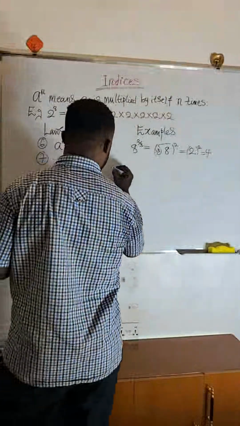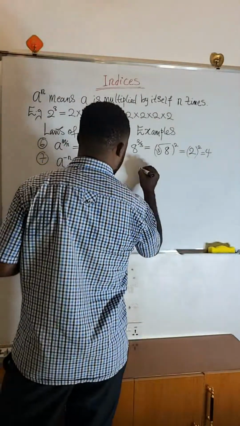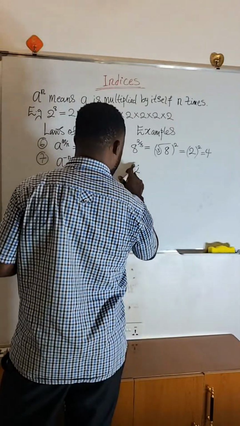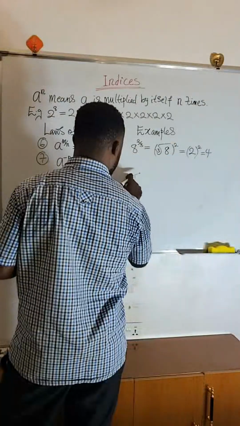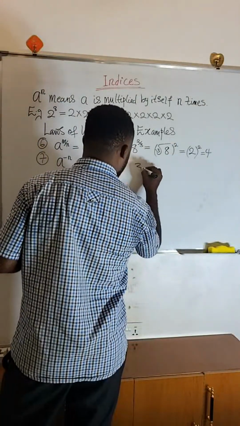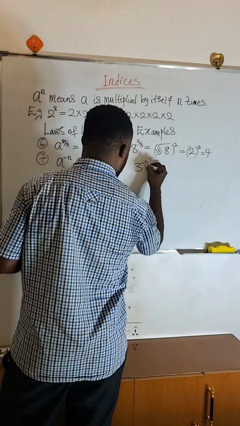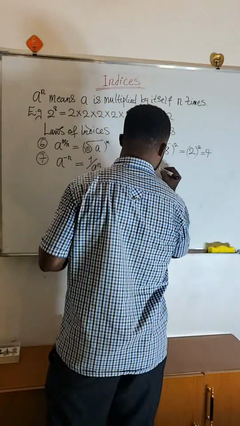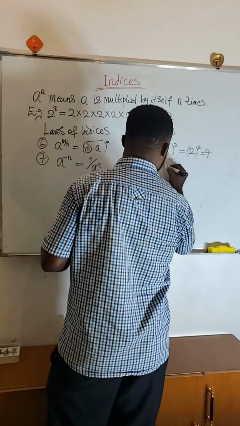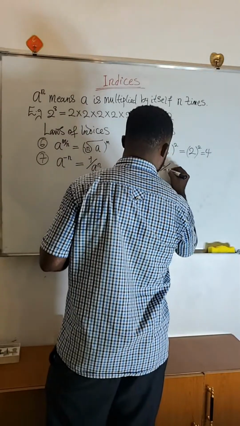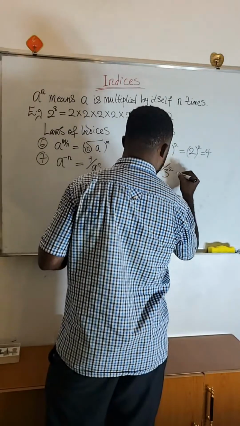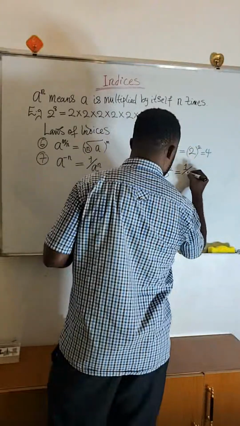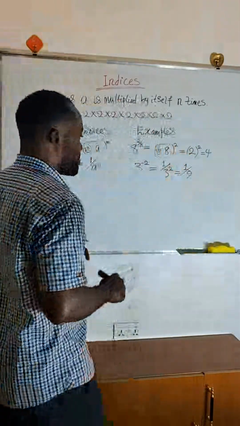For instance, you can have something like 3 raised to the power of 2. That will be equal to 1 over 3 raised to the power of 2, which will be 1 over 9.